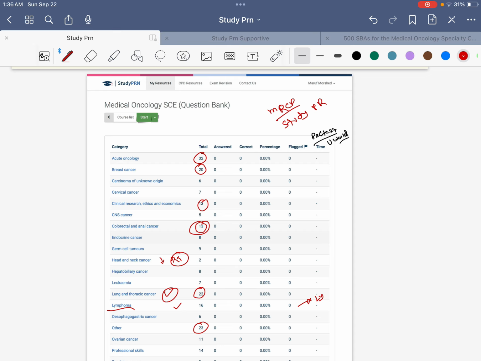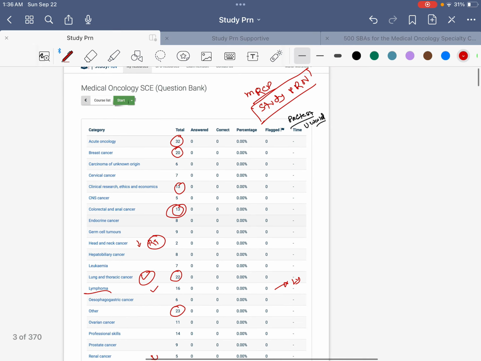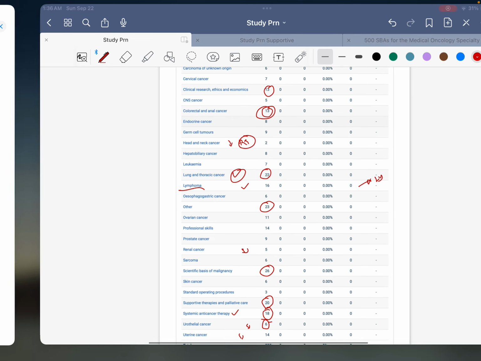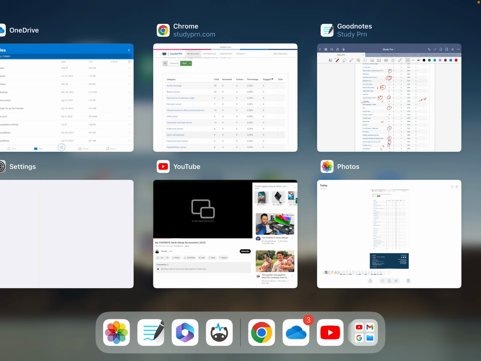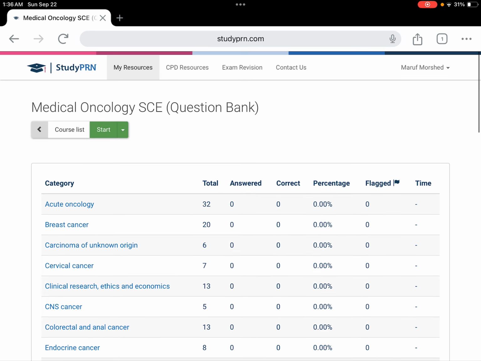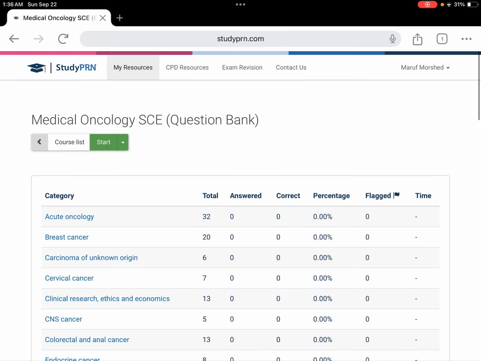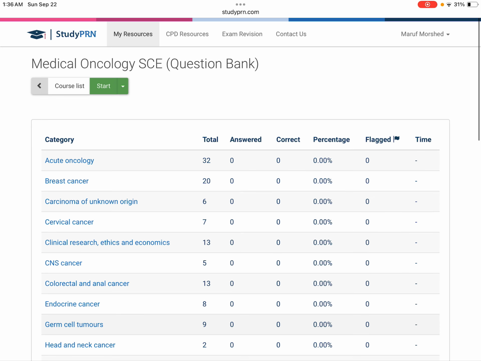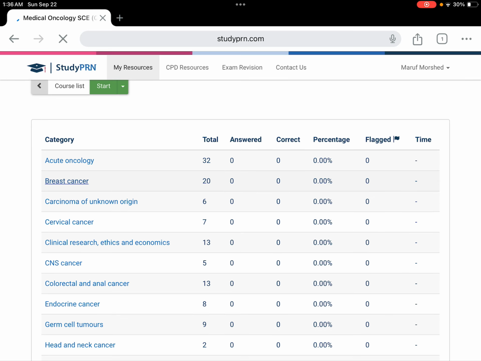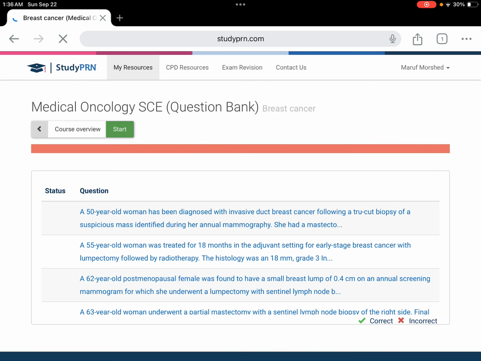That could be a great thing to prepare with. I also want to go through Study PRN. This is the front page of Study PRN. If you want to go through the breast cancer options, let's see.